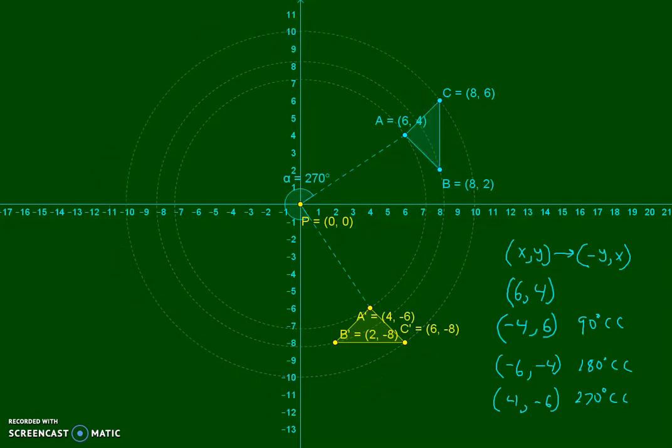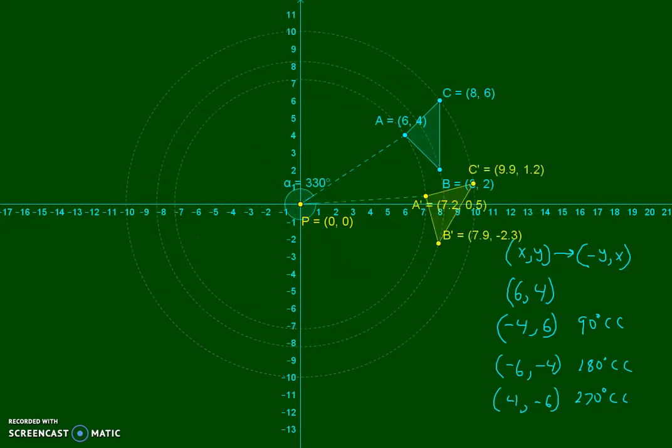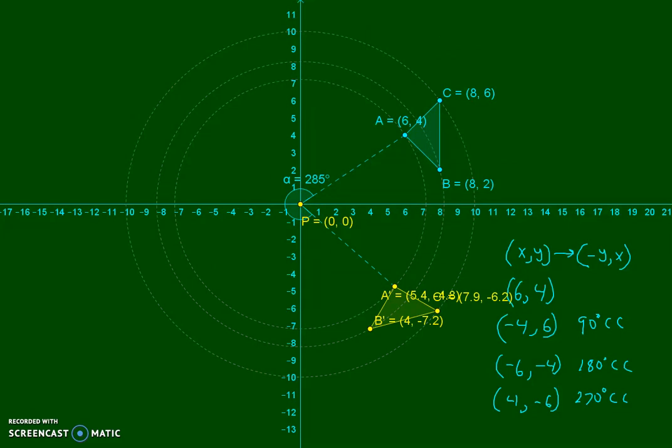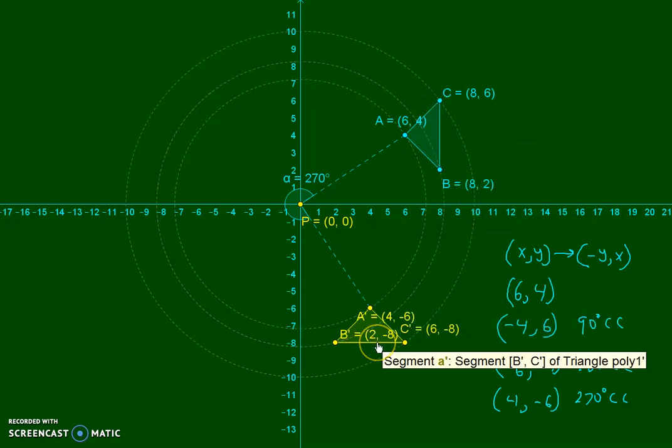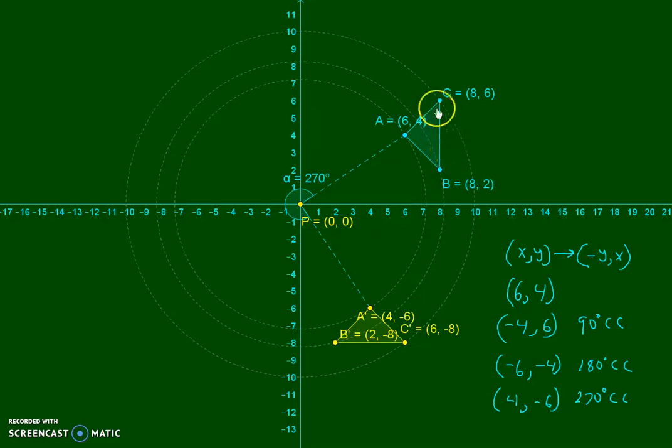So if we went backward and we went negative 90 degrees, we would be right back at the same set of coordinates. So a clockwise rotation of 90 degrees is the same as a counterclockwise rotation of 270 degrees.